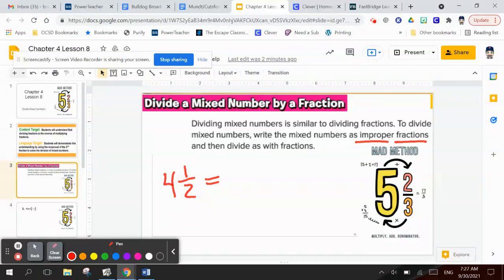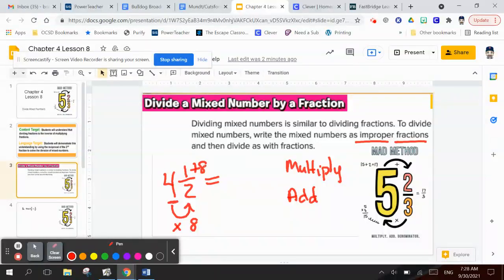Okay, the first thing I want to do is multiply. I'm going to multiply my whole number 4 times the denominator. So 4 times 2 is 8. So I write that down below so I remember what number I got when I multiplied. The second thing to do is add. I'm going to add that 8, that 4 times 2, to the numerator.